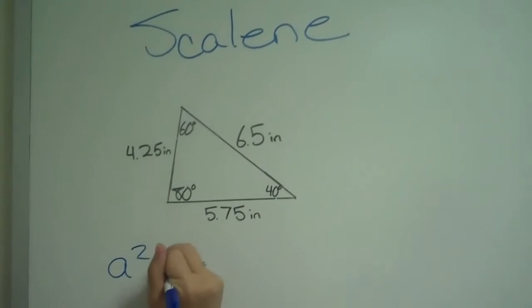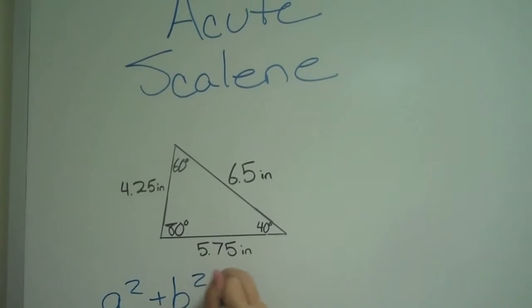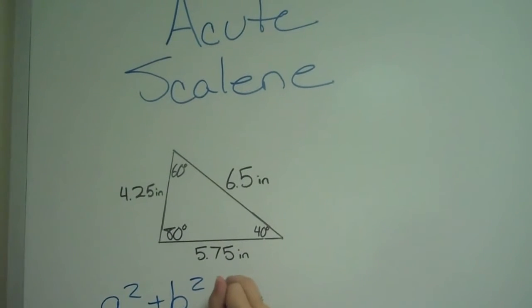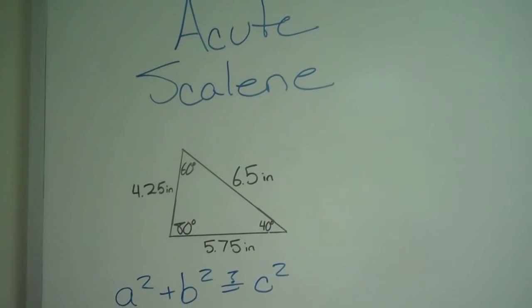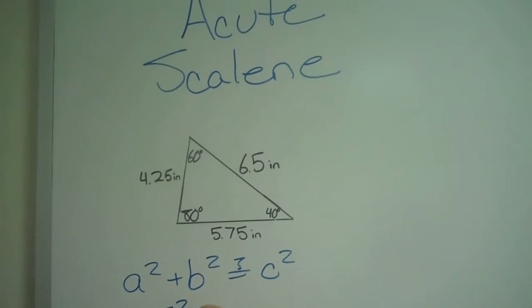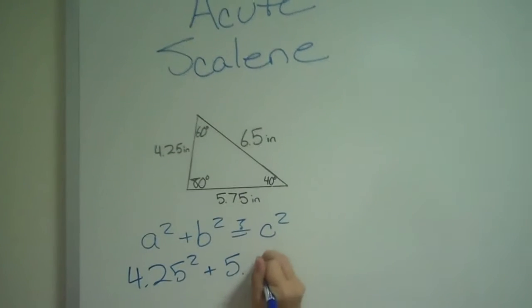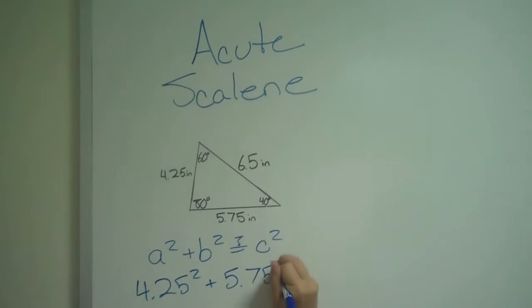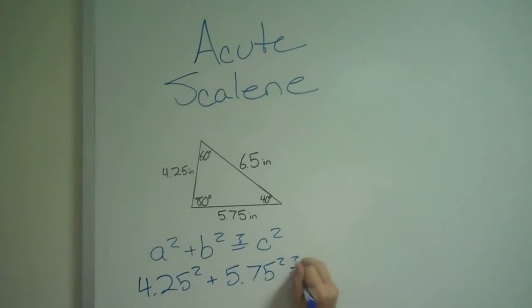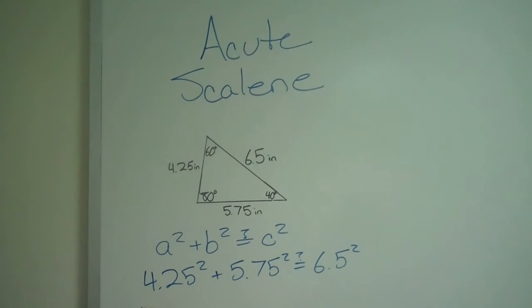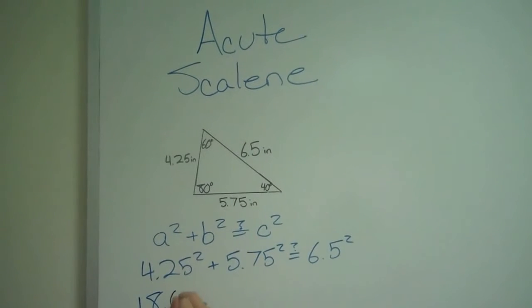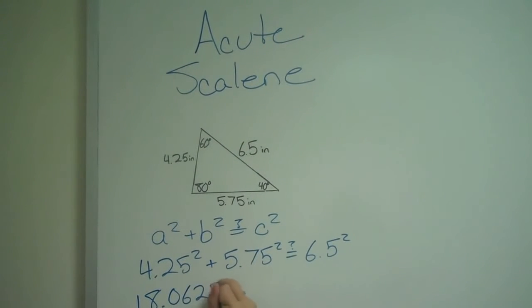This triangle has angle measurements of 40, 60, and 80 degrees, and sides of 4.25, 5.75, and 6.5 inches. Remember that the two shorter sides represent a squared and b squared, and that the longest side represents c squared. We have set up the equation a squared plus b squared equals c squared, and we'll solve this equation using algebra.